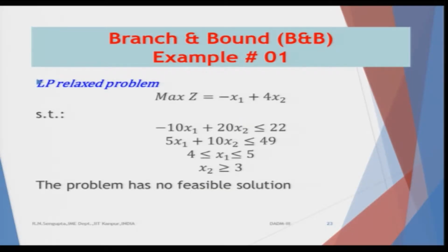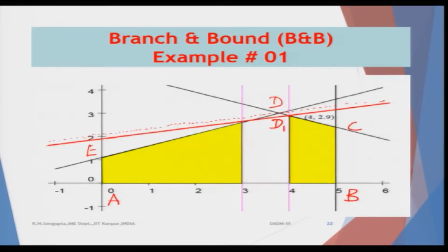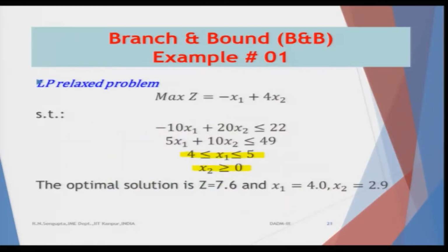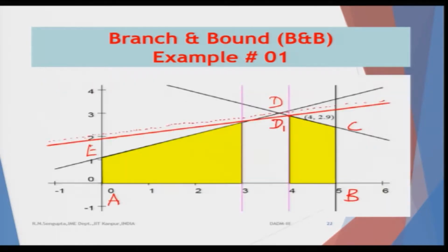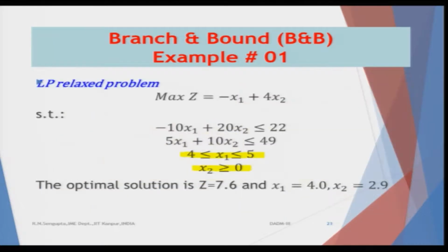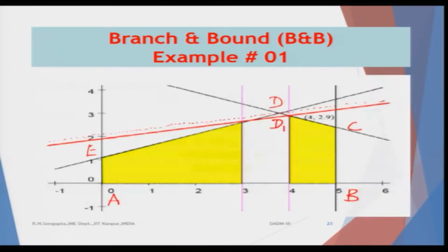Now, I will tell you. We had taken values of x greater than 0 here, but if you consider x2 being greater than 0, x2 values can be 0, 1, 2, 3, 4, it will go on.